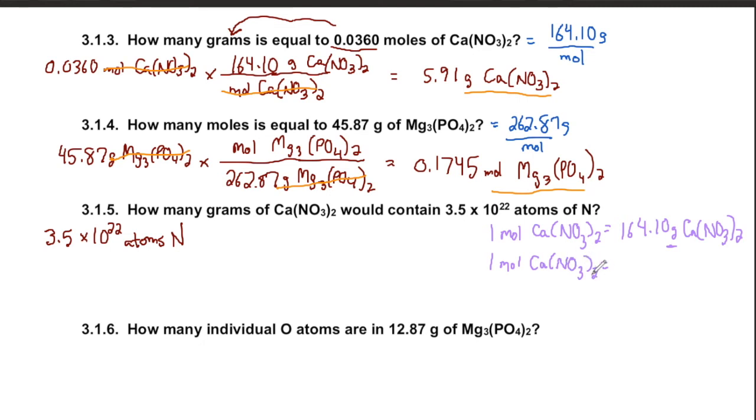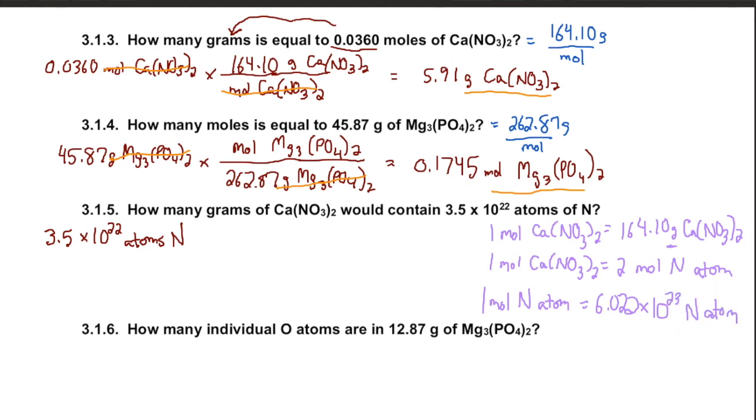When we calculated the molar mass, or the formula mass, we used 2 times the mass of nitrogen because there's 2 nitrogen atoms in every unit of calcium nitrate. There's 2 moles of nitrogen in every mole of calcium nitrate. And then a mole of anything, including a mole of nitrogen atom, is 6.022 times 10 to the 23rd, Avogadro's number, of that item.